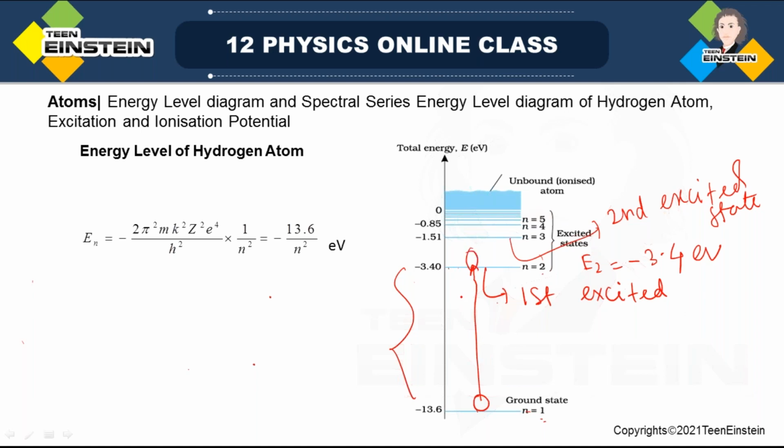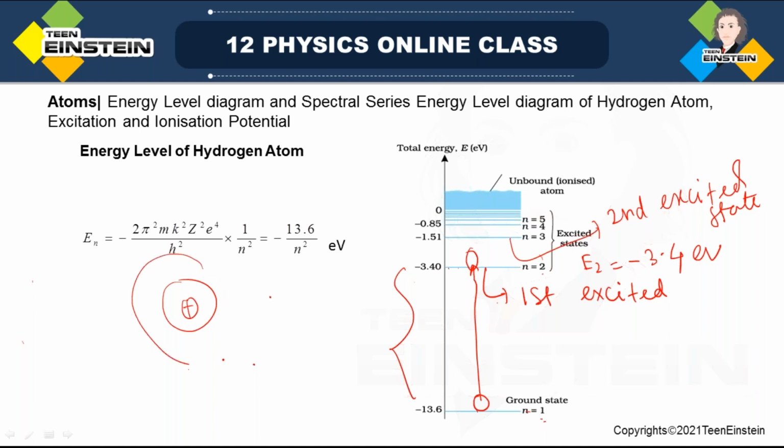Okay, we have learned in Bohr's second and third postulates, that is the frequency condition, that the electrons will not emit energy when they are revolving in various stationary states.